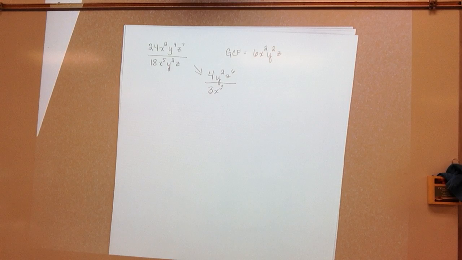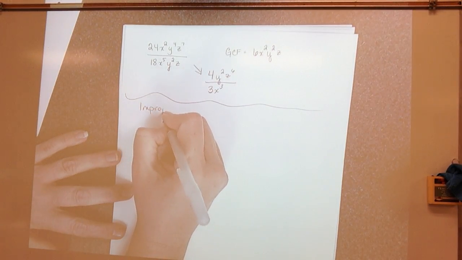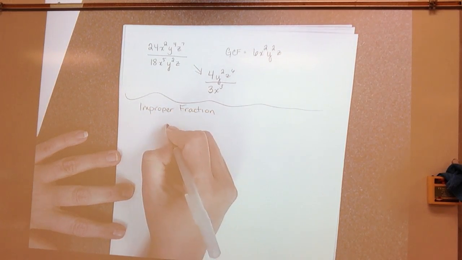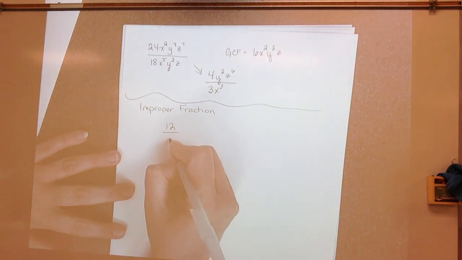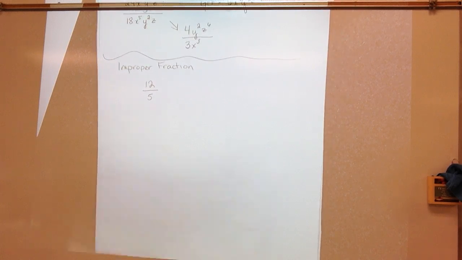But an improper fraction means that you have a fraction whose numerator is greater than the denominator. So maybe it looks something like this. The numerator in this case is greater than the denominator. And this is what we call an improper fraction because we don't normally see it written like this.